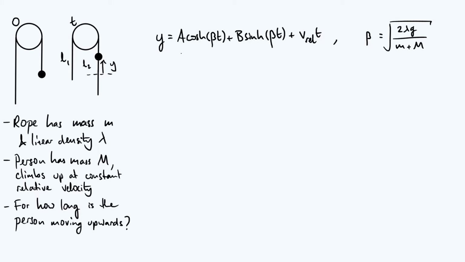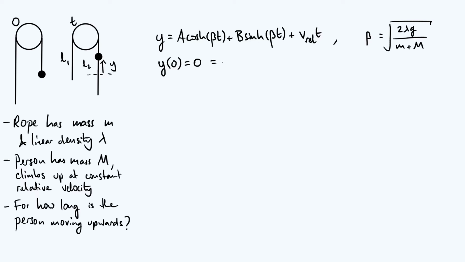So now we've got to fix the constants a and b using some boundary conditions. The easy boundary condition, I guess I should say initial conditions rather than boundary conditions, is that y of 0, when t is 0, y is just 0. Again, by definition, that's just how I've defined the y coordinate.